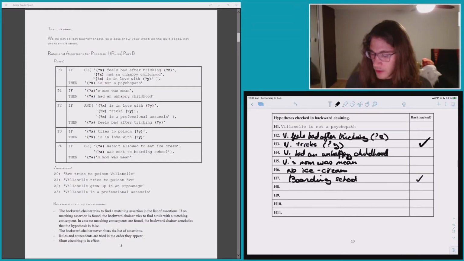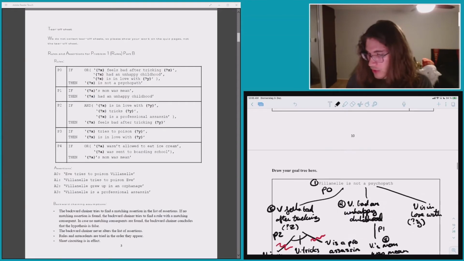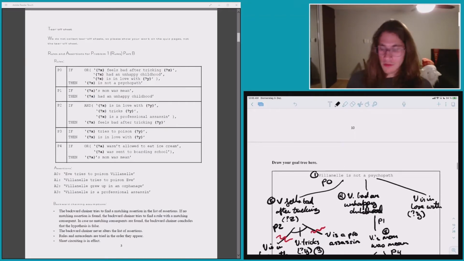So definitely failing the boarding school rule, or not matching the boarding school rule, and going to V is in love with the Y, which is the rightmost child here, that is definitely backtracking.